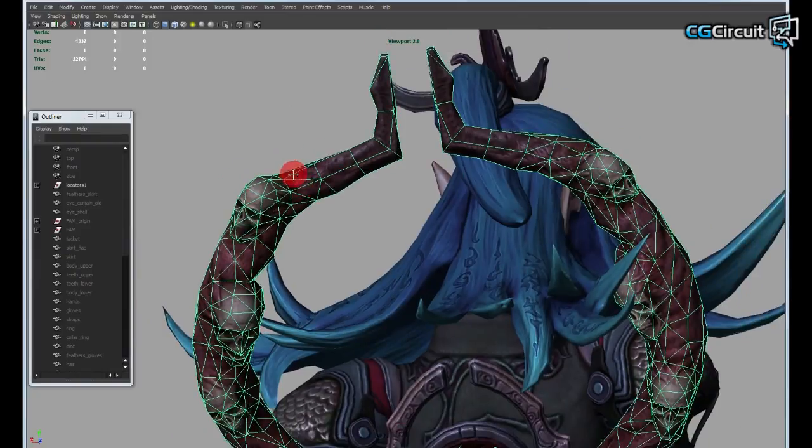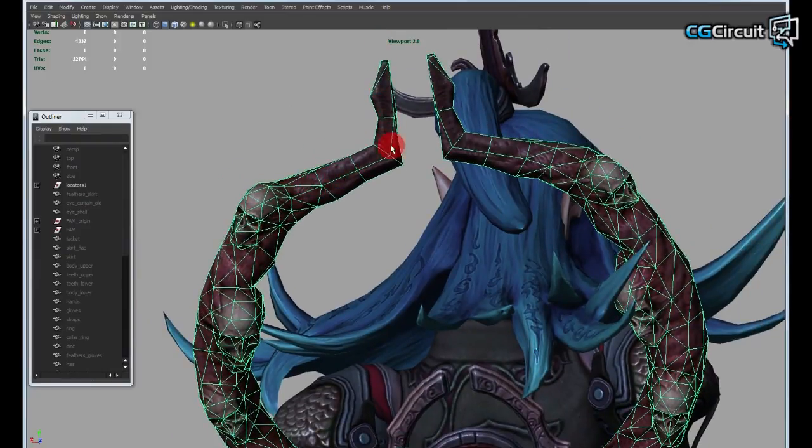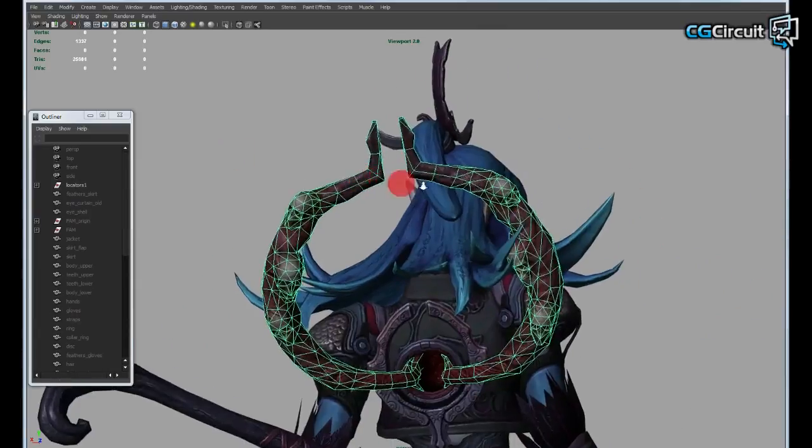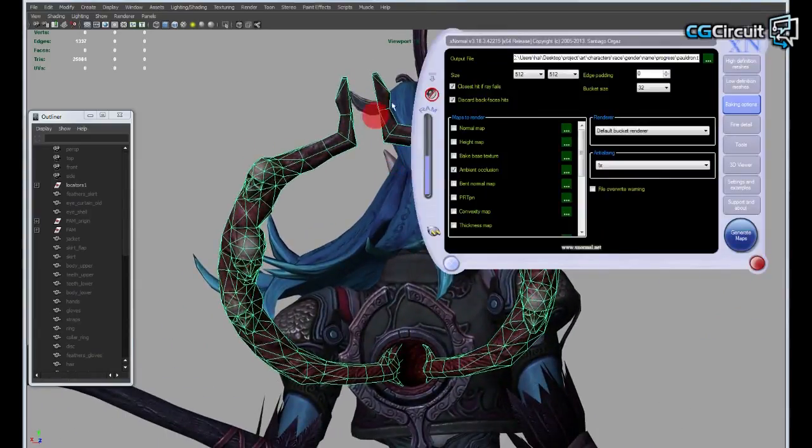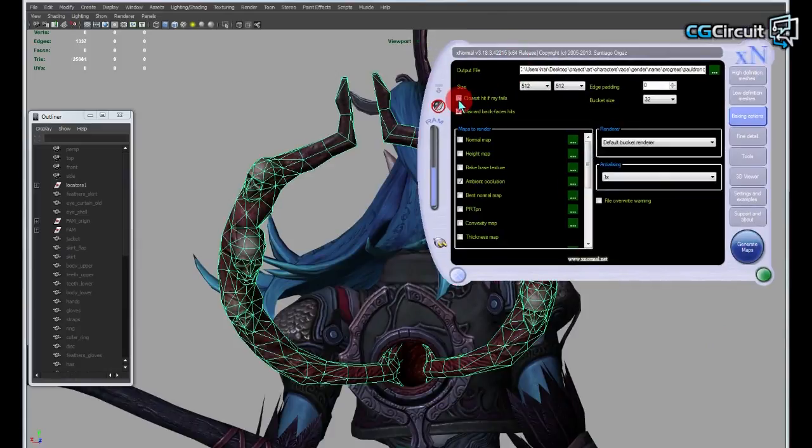For example, if it was a lot thinner than the low resolution mesh and you baked it, you might get some miscast rays along the edges here. So if you have any problems with that, then I would check this or uncheck it, depending on what you're looking for.